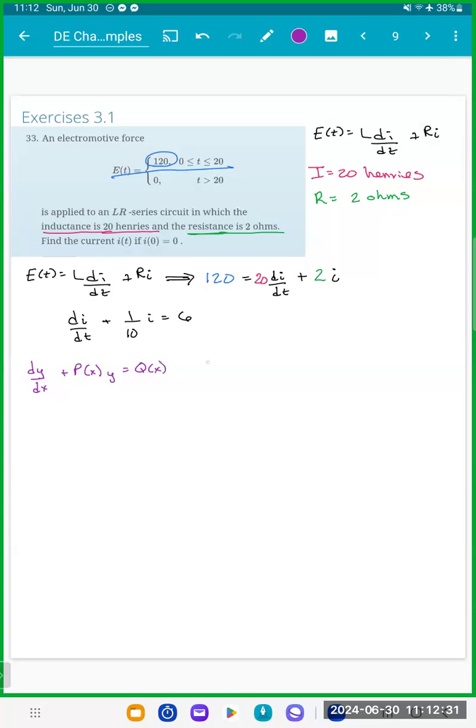And then the integrating factor for that is going to be e raised to the integral of p of x dx. Okay, so our integrating factor is e to the integral of 1/10 dt, which is equal to e to the t over 10. Okay, so the purple is the standard form. The orangish color here is us doing the integrating factor for our problem.